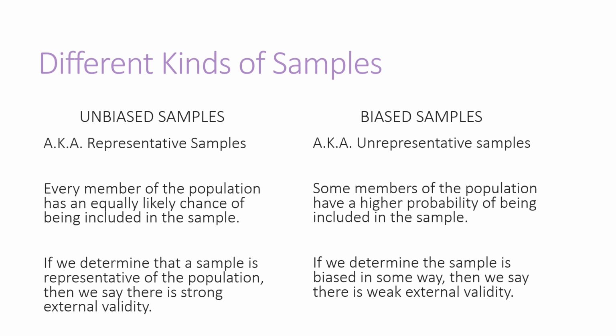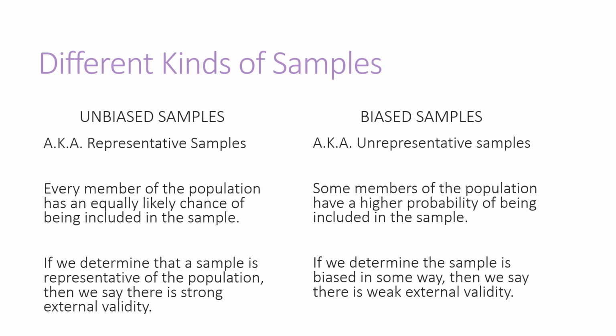So for instance, if the population is 50% male, 50% female, you would expect your sample to reflect that as well. If your population reflects a certain percentage of people of different races, you would expect your sample to reflect that as well, and so on and so forth.